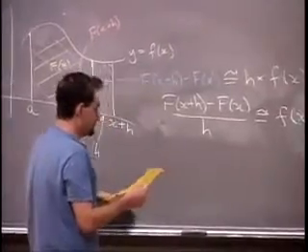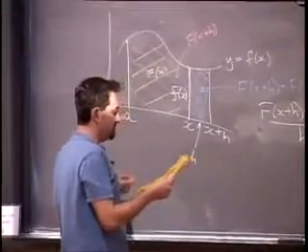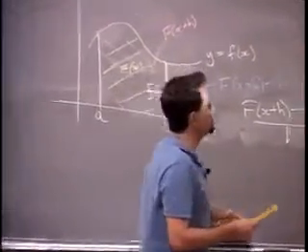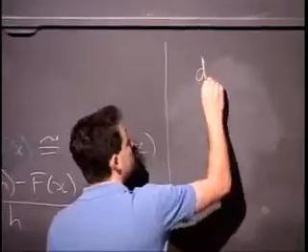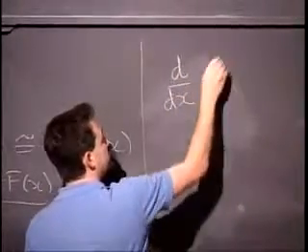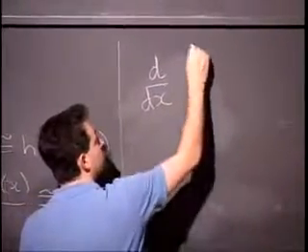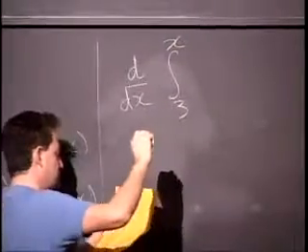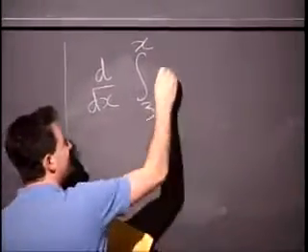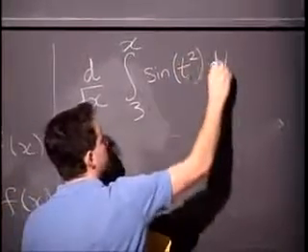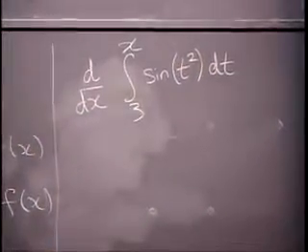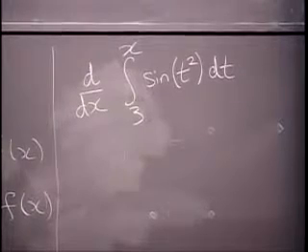So, just as a really quick example, this is actually an example from section 17.5. I'm going to come back to many more examples, but I just want to examine a specific example so you can get a flavor for it. If I write down something like this, the derivative with respect to x of the integral from 3 to x of sine t squared dt.